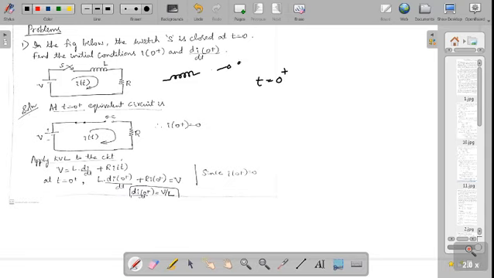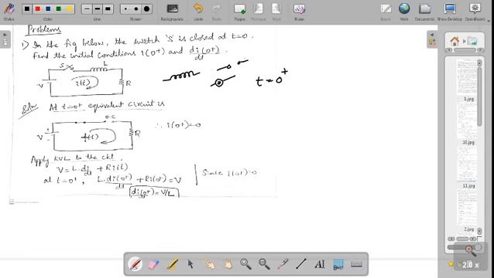If it was carrying some current earlier, it could have been replaced by a current source. But they have not given any history of this inductor, so we replace the inductor by an open circuit. And in case of the resistor, there will be no change, you keep the resistor as it is.